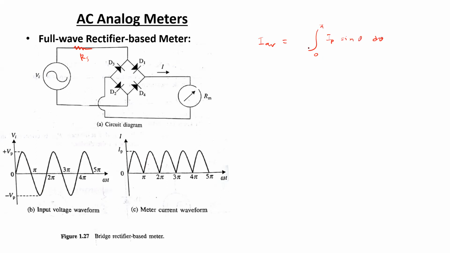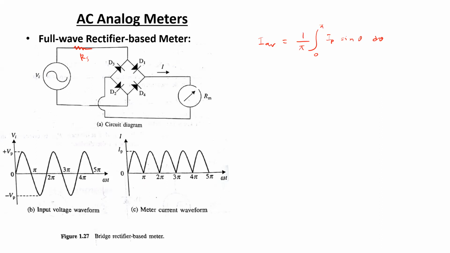Now, as in this case the positive half is repeating after each pi radians, we can multiply by 1 by pi instead of 1 by twice pi, which was done in case of the half-wave rectifier, because there the positive cycles of the current were repeating after each twice pi radians.